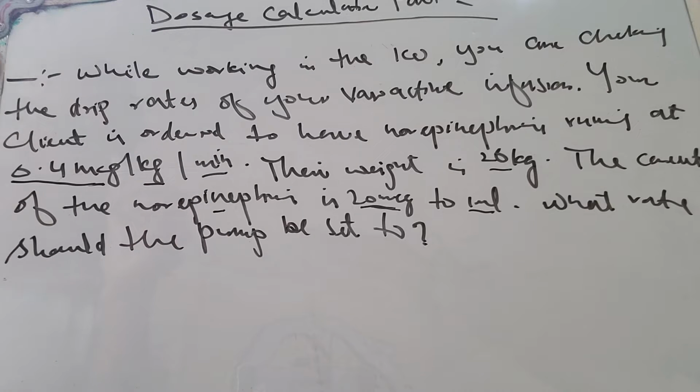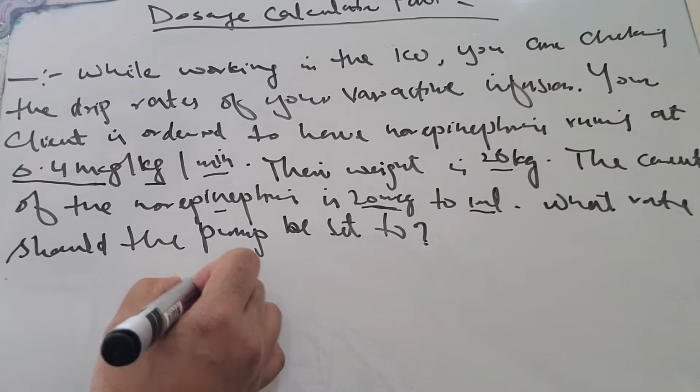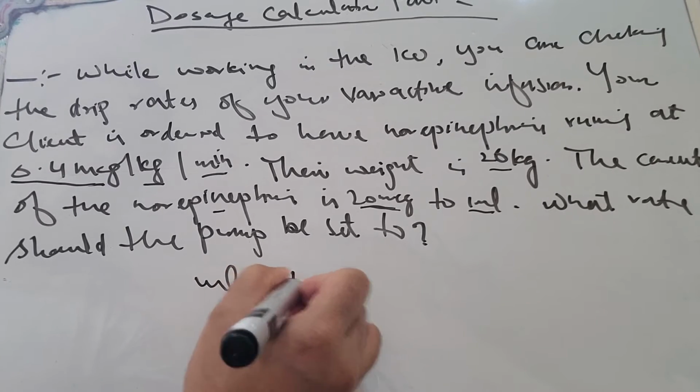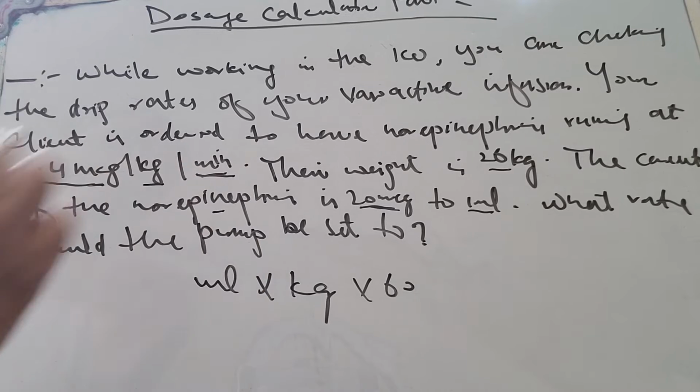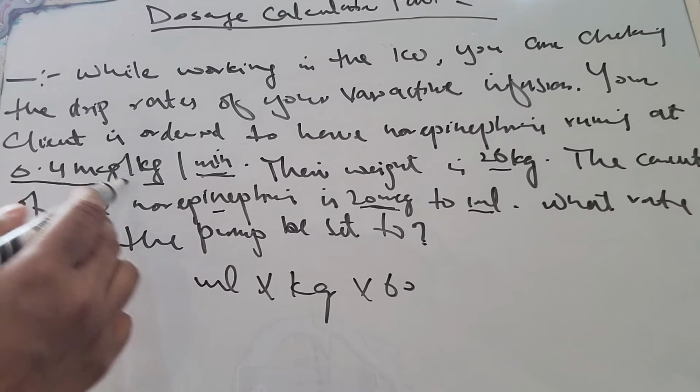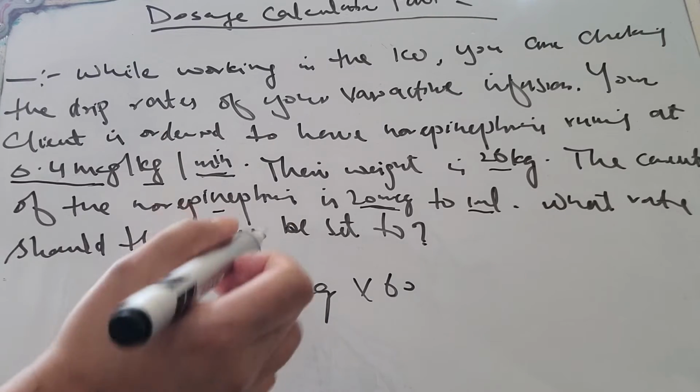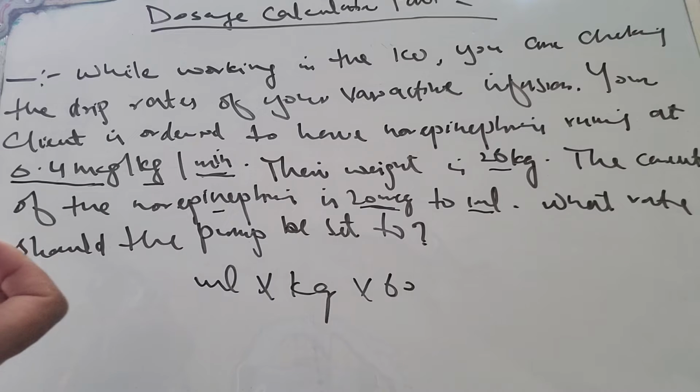As I told you before, our step 1 is first we will do ml multiply kg multiply 60. They write there minute: 0.4 microgram per kg per minute. So first we will find the desired dose, then we will use the formula.